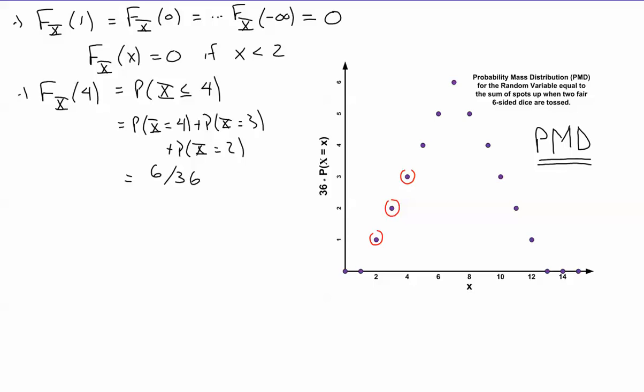All right, what about this? What is the cumulative distribution function evaluated at 11? Maybe I need to give myself a bit more room. What's my cumulative distribution function evaluated at 11?